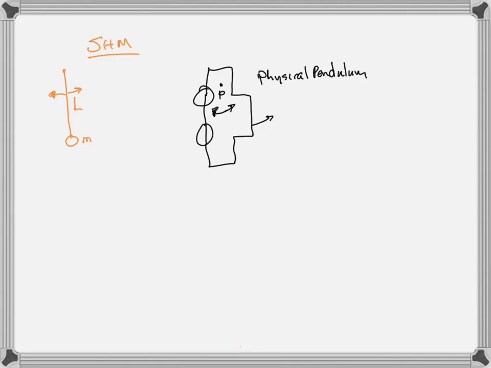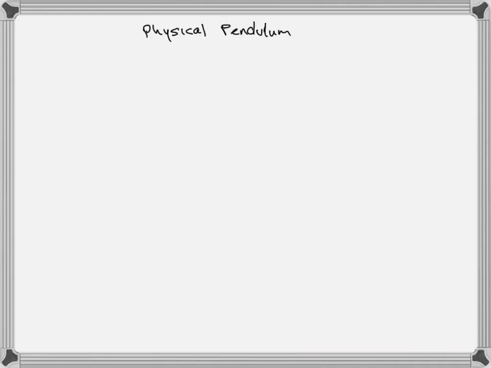Okay. So I know a car is an odd thing to hang from a point and oscillate, but the point is you can make it anything. So let's just make some kind of arbitrary shape, like, I don't know, a peanut.